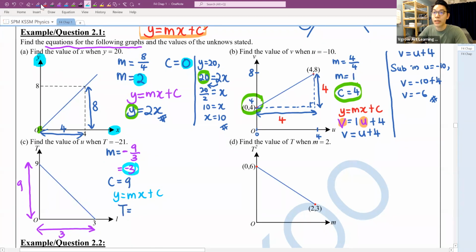M is -3. X is what? X is L. And then C is +9. So this is the equation of the straight line. Be very careful with the gradient now.